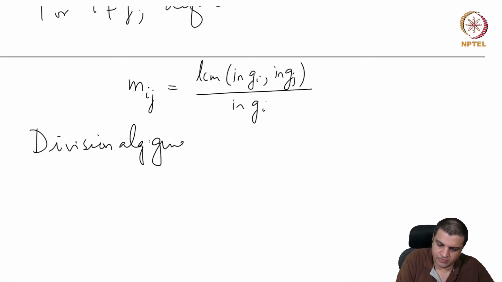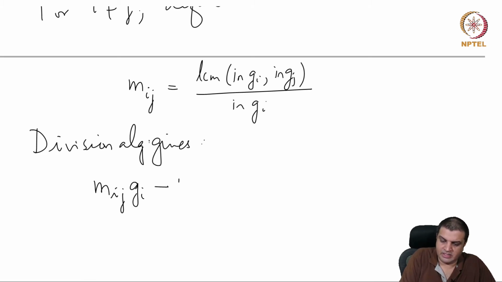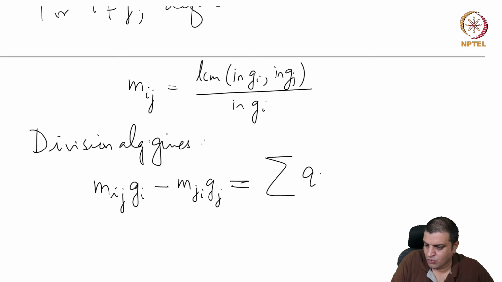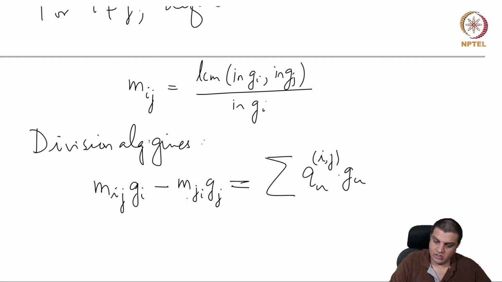The division algorithm gives, for Mij Gi minus Mji Gj, which is the S polynomial, the analog of the S polynomial in the ideal case, an expression of the form some sum of q u, which of course depends on i and j, times Gu. So we are expressing the S polynomial in terms of the generators, plus some Rij.